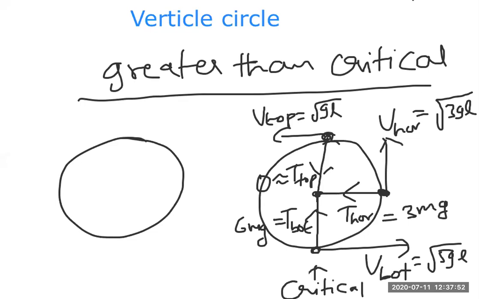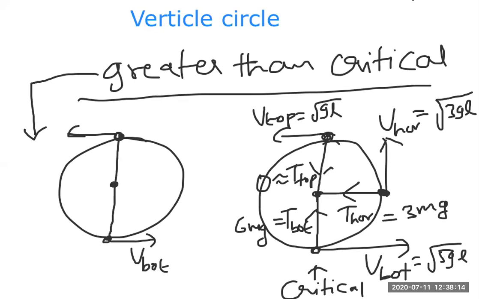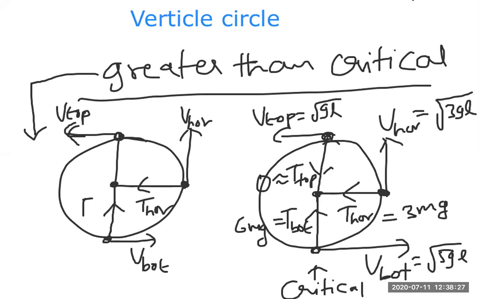Now our target is not critical; our target is greater than critical. Suppose we need to find the velocity at bottom, the velocity at top, and the velocity at horizontal, as well as the tensions: tension at horizontal, tension at bottom, and tension at top.